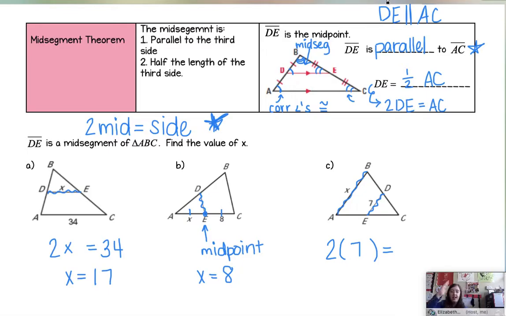So that third side is AB, and it's going to be X. Perfect. So then we'll solve. 2 times 7 is 14. If that bothers you, you can always switch it around. I know that sometimes that makes people sad.